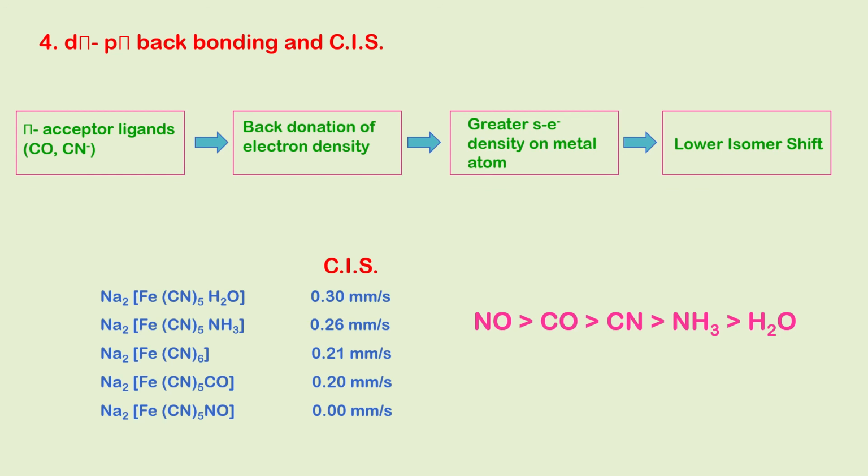Water has the lowest pi acceptor tendency, so its CIS is highest compared to the last complex, in which there are cyanide and NO. They have higher pi acceptor capacity, so they have a CIS value of 0. Here, as the pi acceptor ligand tendency decreases, the CIS value increases, which can be shown by this data.